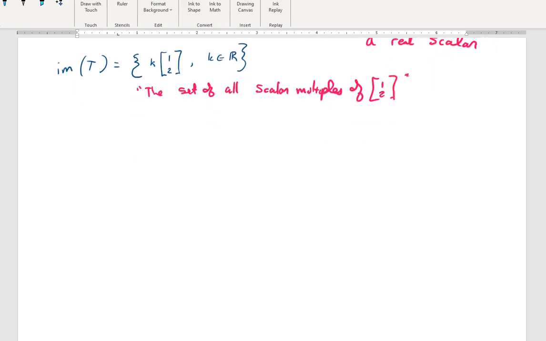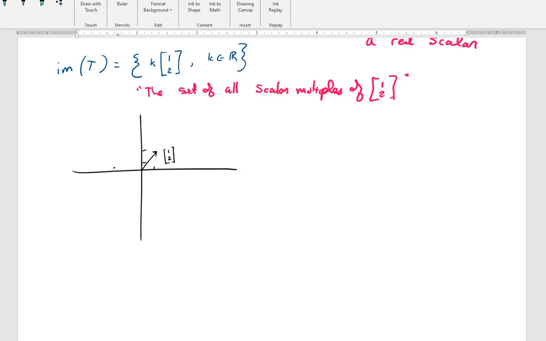Let's talk about what that looks like. We're living in R2. Vector 1, 2, there it is. I really need my virtual graph paper up here right now, but it's not worth opening it up just for one problem.